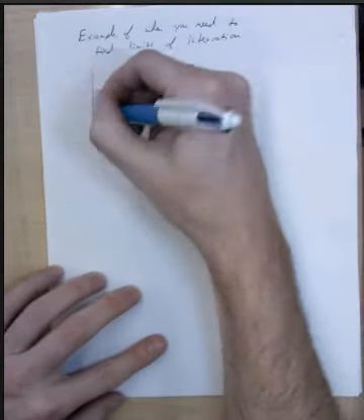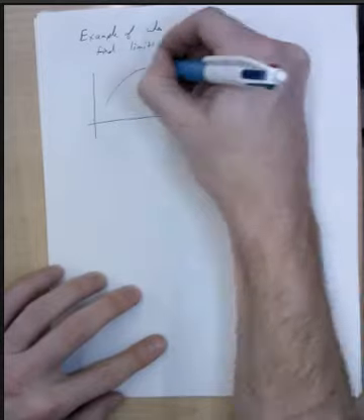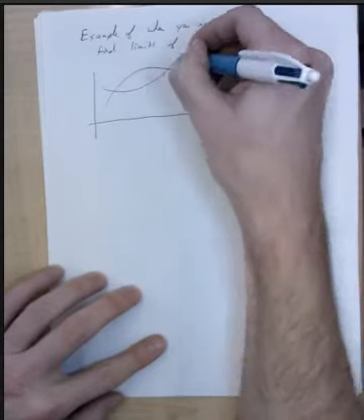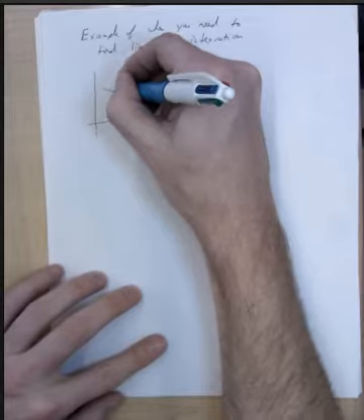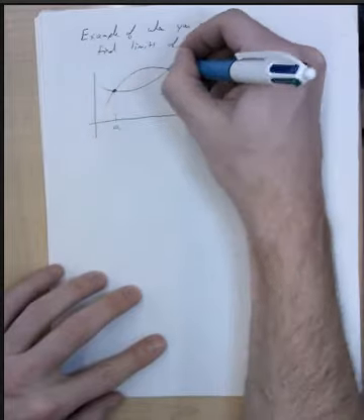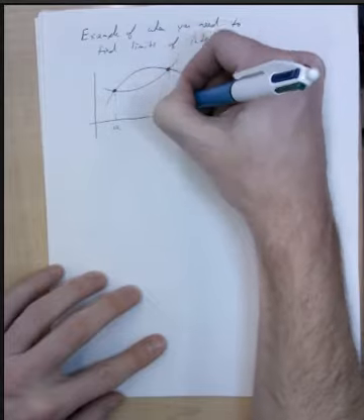So we'll have two curves here, one that goes like this, one that goes like this, and you'll need to find for yourself what that x value is and what that y value is.